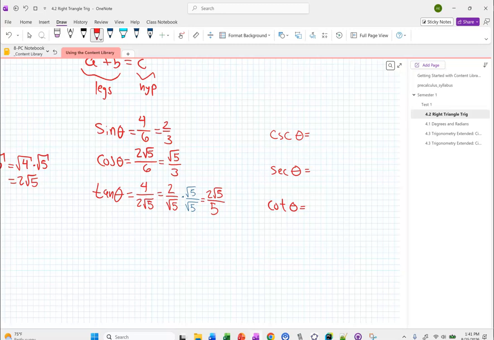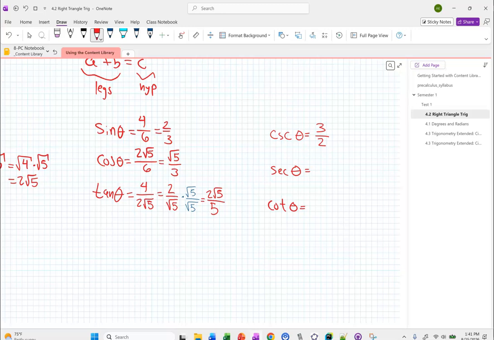What I think feels easier is just remembering that cosecant is the reciprocal of sine. So if sine is 2/3, cosecant should just be 3 over 2. Right? I don't need to go back to my triangle necessarily to do this. I can just look at the other answer and just flip it, right?